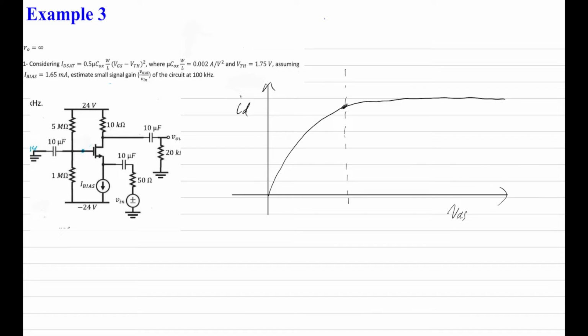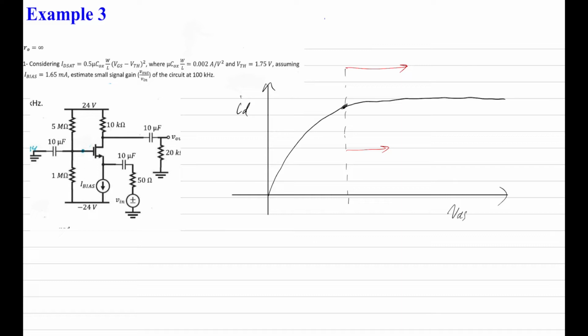And for all questions, we assume that we're going to be dealing with this region over here in saturation. So you don't really need to worry about what's going on over here. And the condition for this is that the drain source voltage equals the overdrive voltage. Once the drain source voltage is greater than the overdrive voltage, then we can assume that we're in the saturation region.